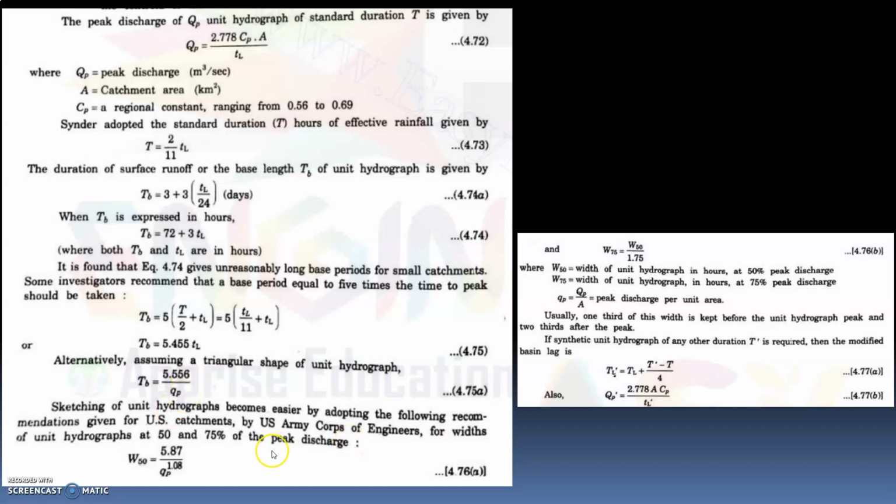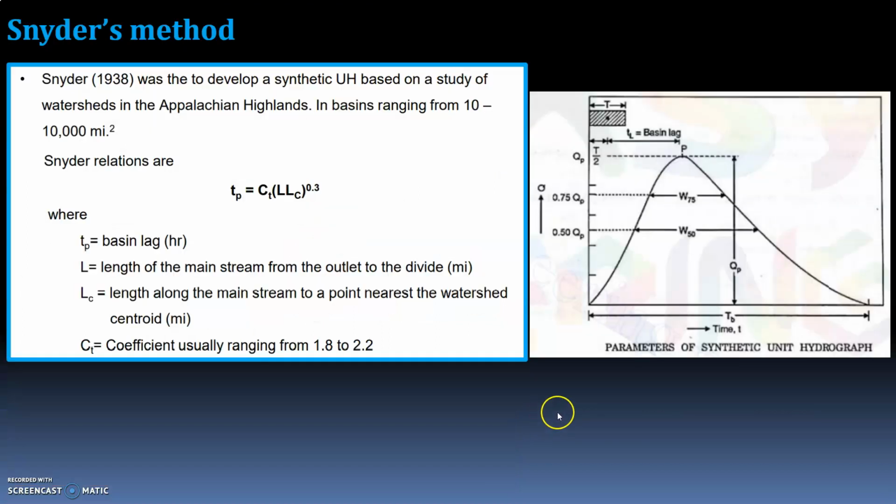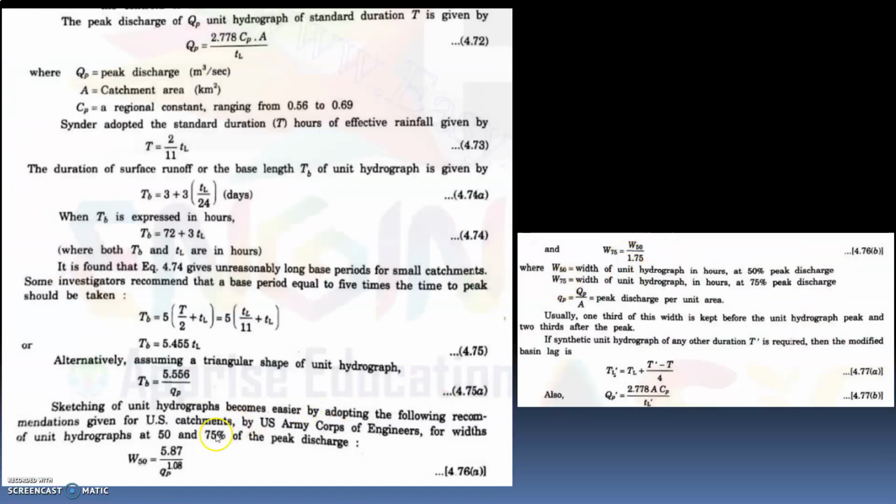Then for the width of the unit hydrograph at 50 and 75% of the peak discharge, this is the width of the hydrograph. This is for 50%, this is for 75%, and it is given by W50 is equal to 5.87 divided by qp to the power 1.08.